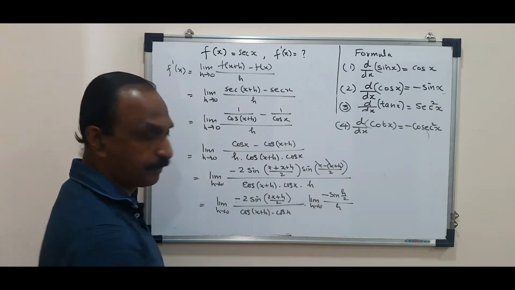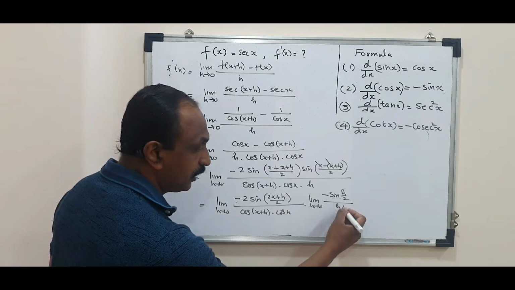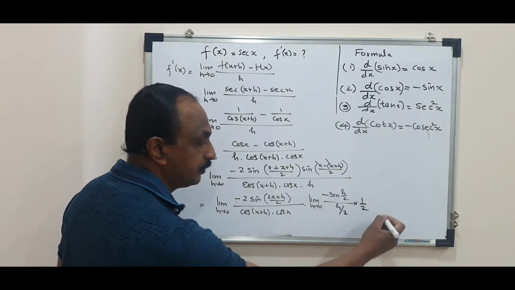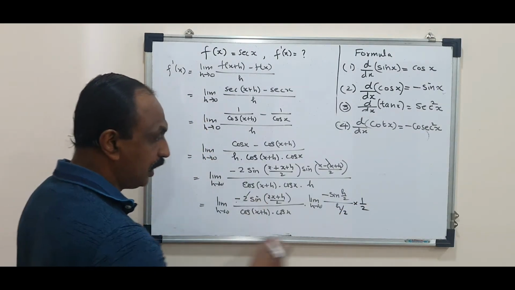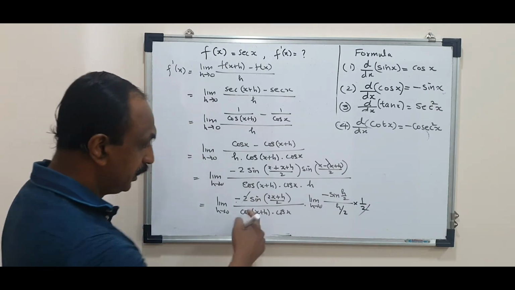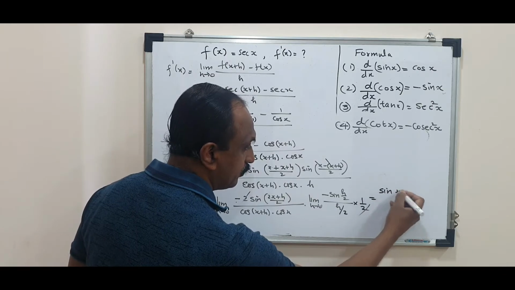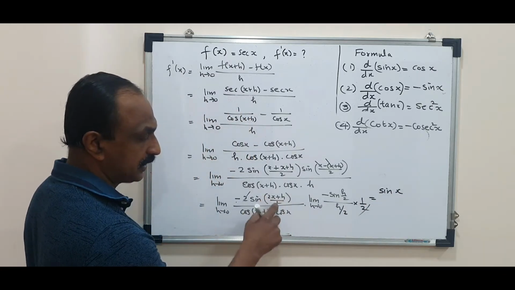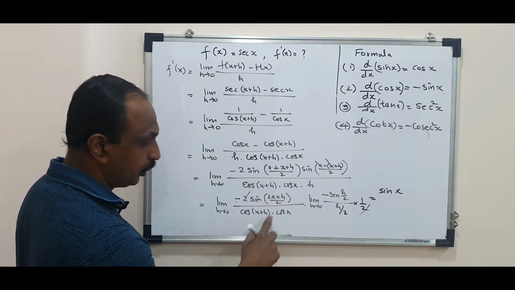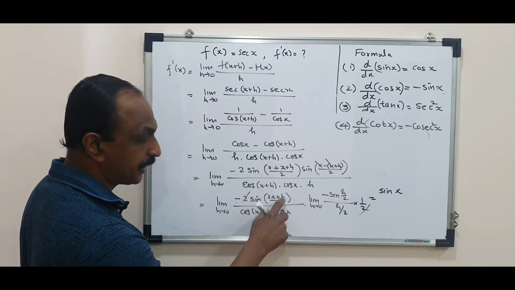So I need to apply sine theta upon theta here. So divide and multiply with the 2. Naturally, this 2 and this 2 will get cancelled. So I am left with numerator sine x. h became 0. Sine 2x by 2, 2. So the h by 2 and 2 got cancelled after h became 0.